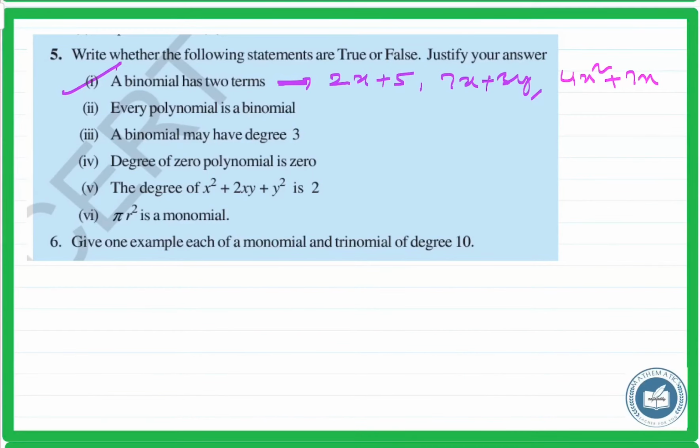Every polynomial is a binomial. Wrong. Every polynomial is not a binomial. It may be a monomial, it may be a trinomial or multinomial. So it is false. False because 3x square is a polynomial but not a binomial. 7x square plus 6x plus 5 is a trinomial, but it is a polynomial, not a binomial.